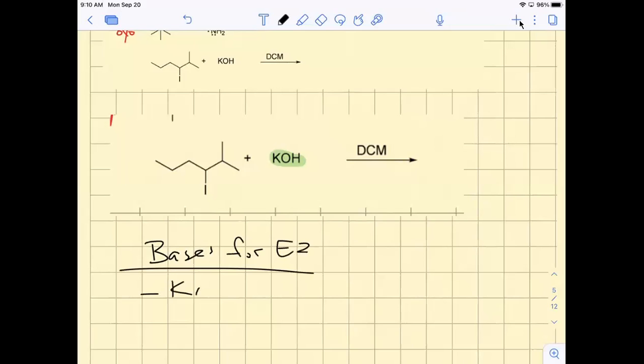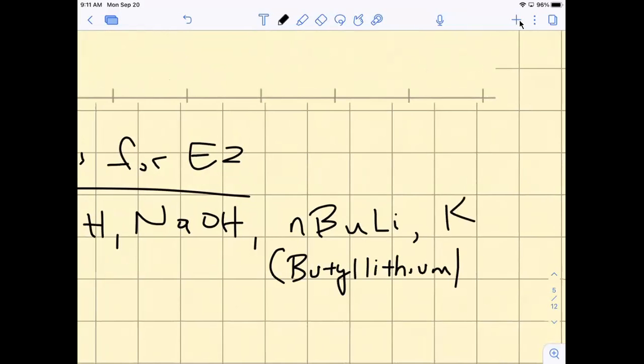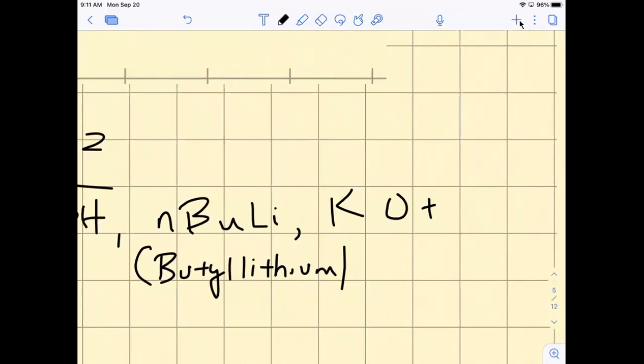You can use KOH, NaOH, butyllithium, and I'll write that out. Potassium tert-butoxide is another common base that you'll see, and this is a very bulky, really strong base too.